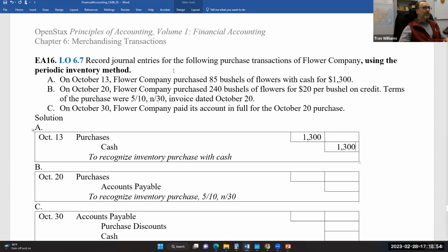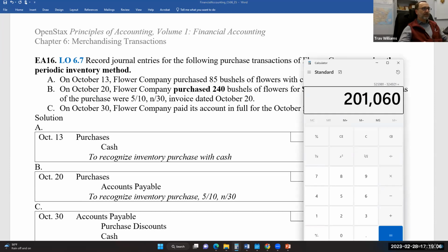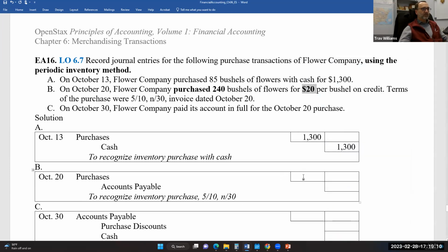Then we make another purchase, 240 bushels. Here we go, 240 at $20 each. We did not pay. So that's $4,800 of purchases, and we have an account payable. Okay, so then when we pay it off, did we get a discount? We had 10 days to pay.